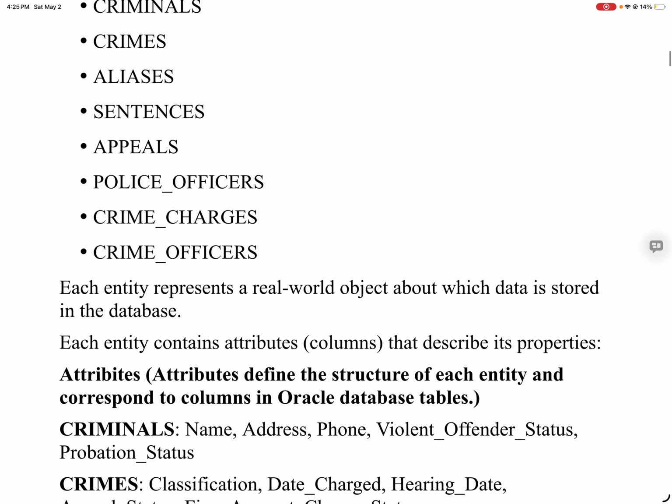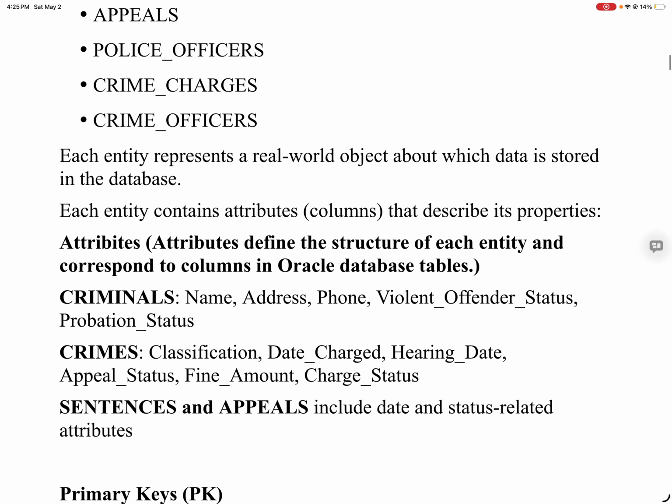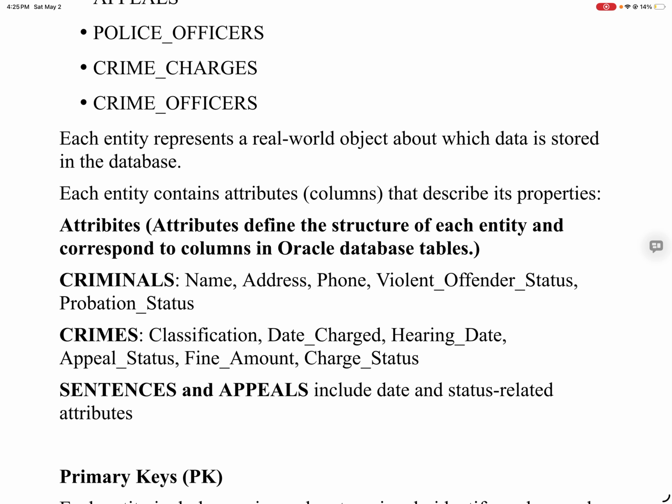So the entities represent the real world objects whose data is stored in the database. Each entity contains attributes that describe its properties. Attributes define the structure of each entity and correspond to the columns in Oracle. The criminals table is going to list their names, addresses, violation, offender status, or probation status.